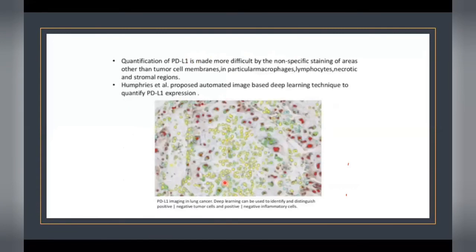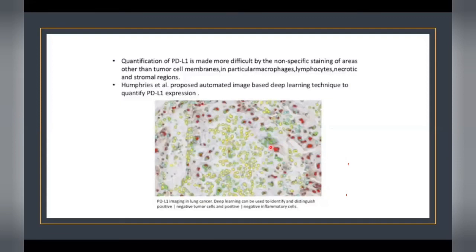So this is an example of PDL1. As you know, people who do PDL1 scoring know that there are very non-specific staining areas, like tumor cell membranes, in particular macrophages, lymphocytes, and necrotic stromal regions. But if you run this through this AI, which was formed by Humphreys et al., it will actually give you the correct score of PDL1.